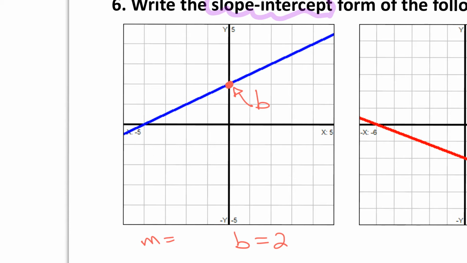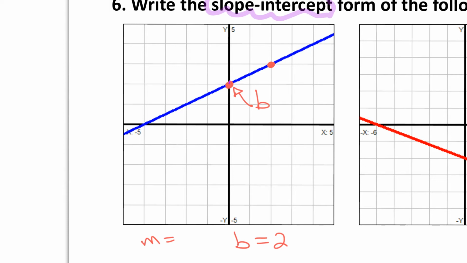Now my slope, when you guys have a graph, remember that you can use 2 points on the line and you find the rise and the run. I already have 1 point. I can use the y-intercept because that is on the line. And I'm going to look for another point that crosses one of those corners on the boxes. So notice we have a box here. It touches one of those corners, and I'm going to put a point right there, and I'm going to find my rise over run.